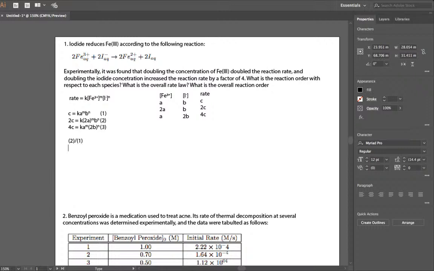What would that be? Reaction 2, that would be 2C divided by C, which equals this expression divided by this expression.